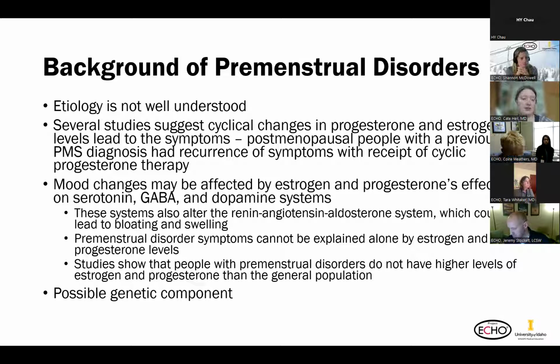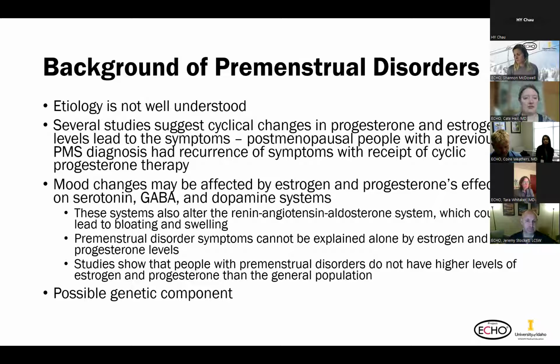We also think the serotonin, GABA, and dopamine systems affect the renin, angiotensin, and aldosterone system, which can lead to bloating and swelling as some of the potential symptoms during this time period. Very interesting, because in medicine we usually think of the renin, angiotensin, aldosterone system as affecting blood pressure, but it can definitely affect more than that.